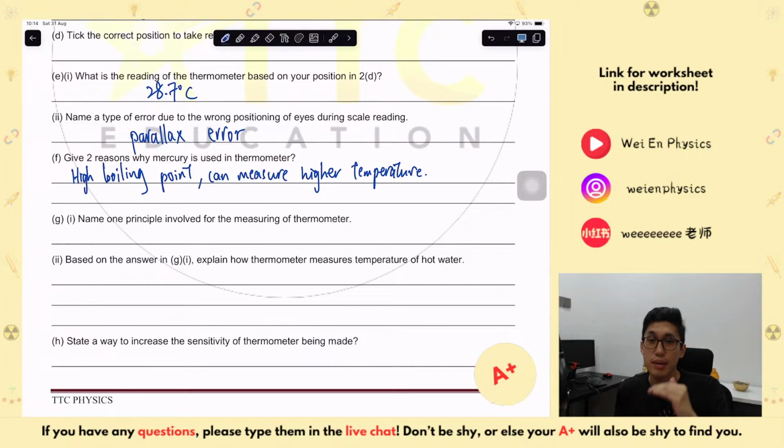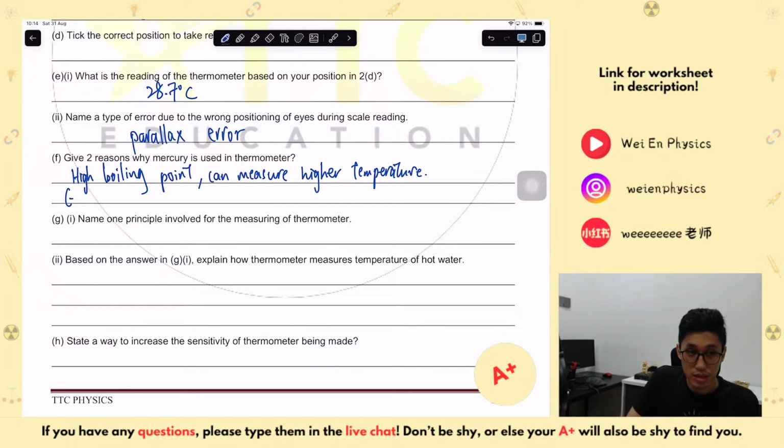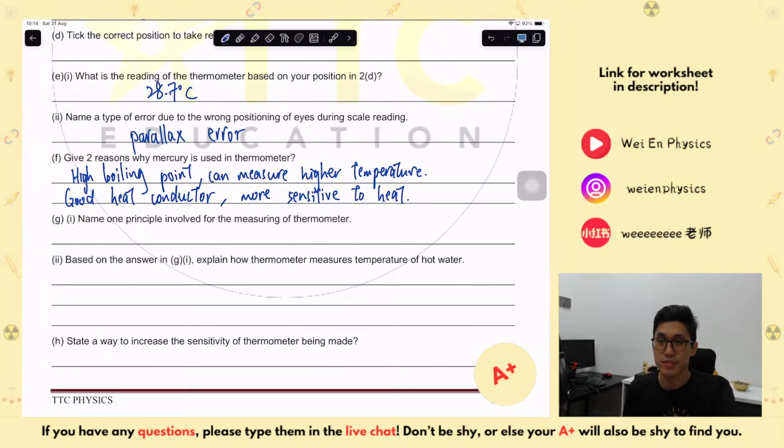For alcohol, it might take a longer time because it's not a very good conductor. So you say good heat conductor, more sensitive to heat.